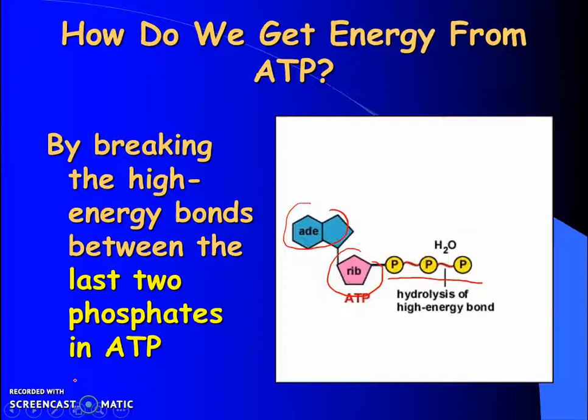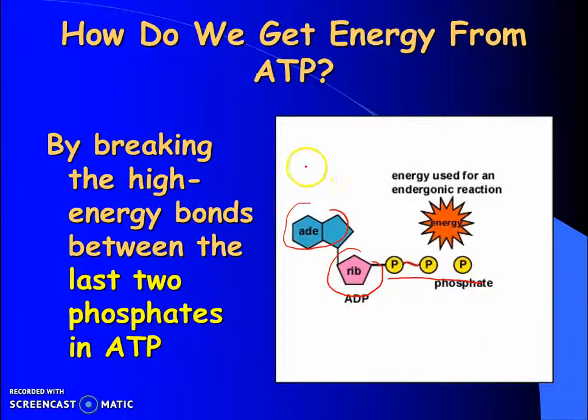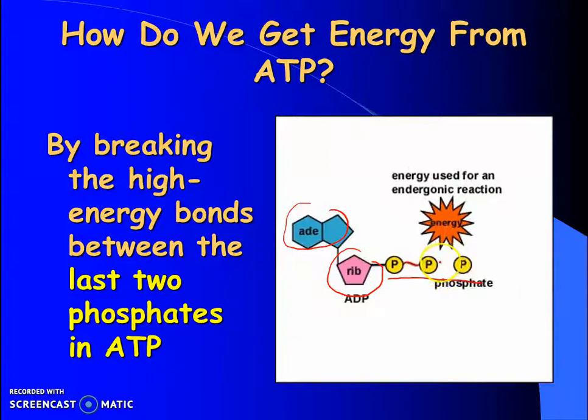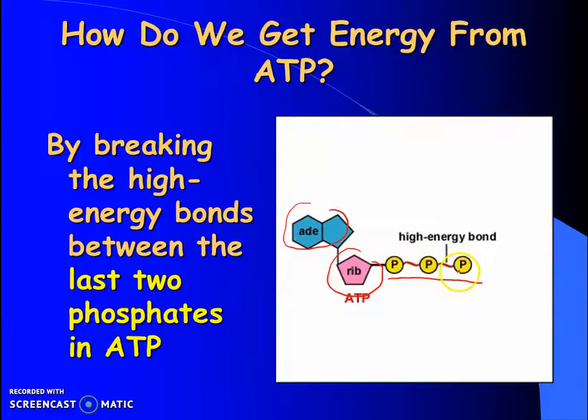In the same manner, ATP is a polymer, and one of the phosphates is broken by adding water to it, and that process is called hydrolysis. When one phosphate is broken, there are two phosphates left.